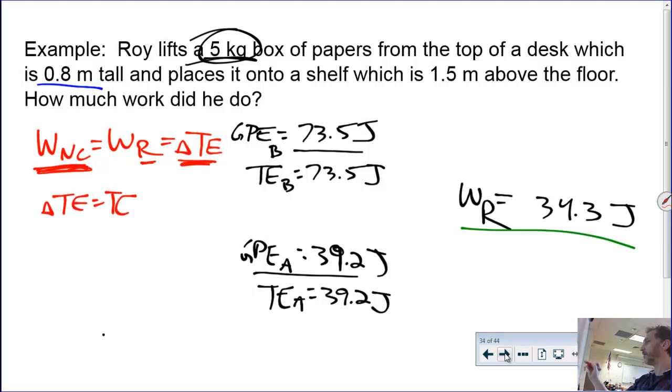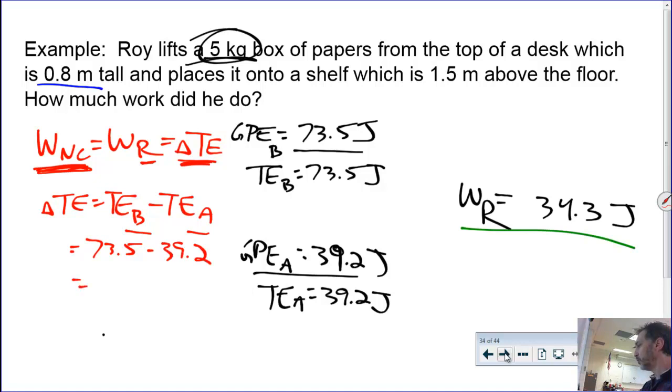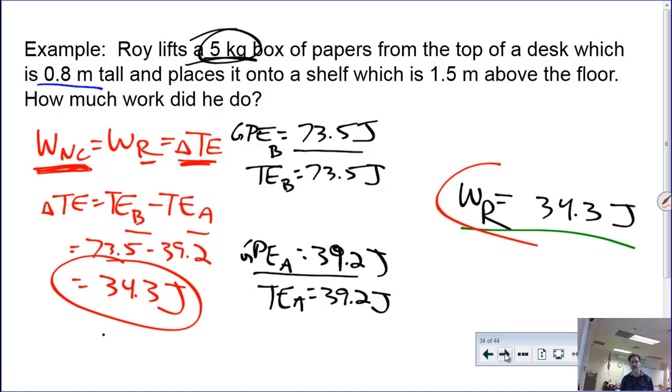That's TE at point B minus TE at point A, right? This is just final minus initial. So 73.5 minus 39.2 gives you 34.3 joules. All right? Aha! That's our change in total energy. That's how much work Roy did, right? We got the same answer both ways.